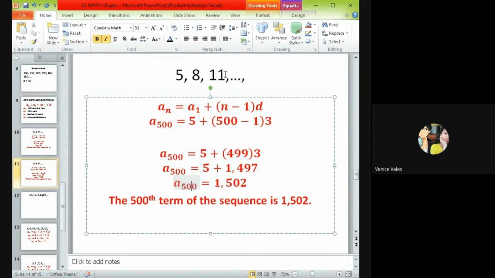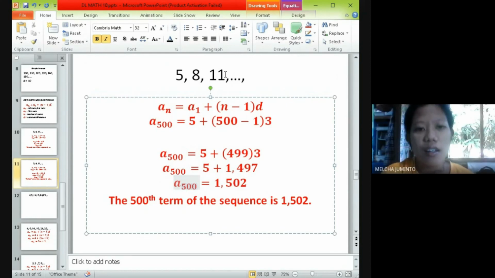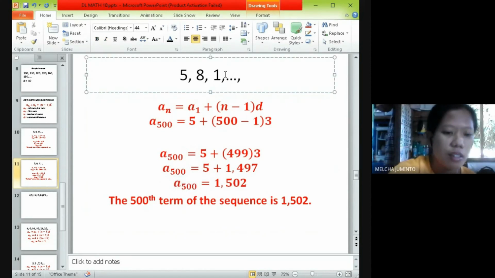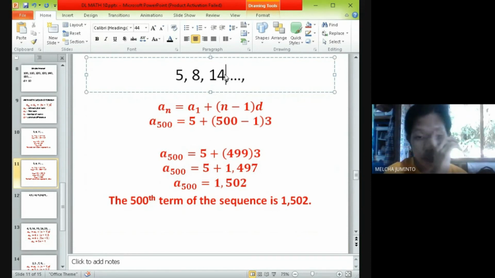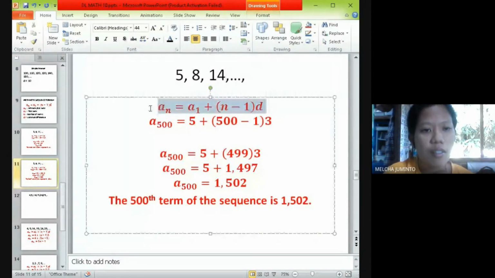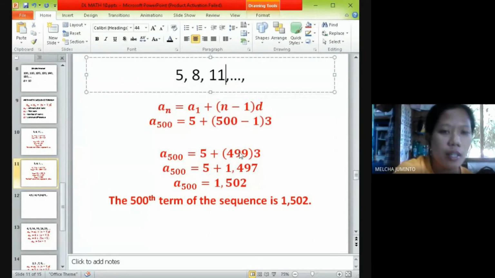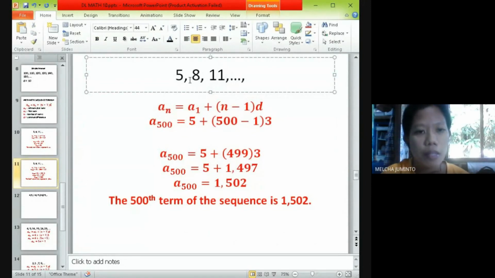Okay po? What if hindi siya, kung hindi to 11, let's say 14, you cannot use the formula because the given sequence is not arithmetic. So this formula is only limited if arithmetic sequence siya. Kasi nabing arithmetic sequence, there should be a common difference. Dapat may isang number lang talaga, a single number being added repeatedly from one term to the next.